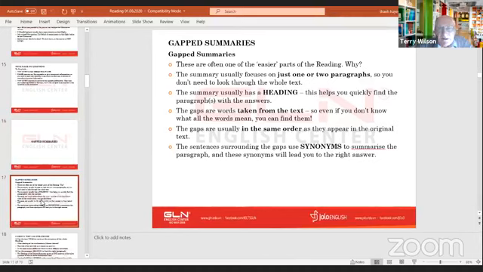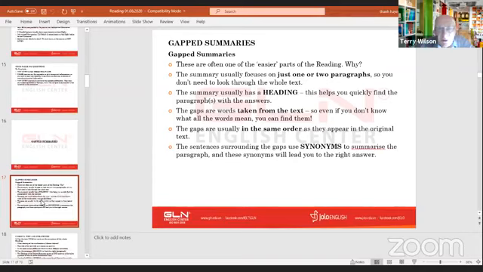Let's have a look at some gap summaries. These are often one of the easiest parts of the reading. The summary usually focuses on just 1 or 2 paragraphs, so you don't need to look through the whole text. The summary usually has a heading, which helps you to find the paragraphs with the answers.